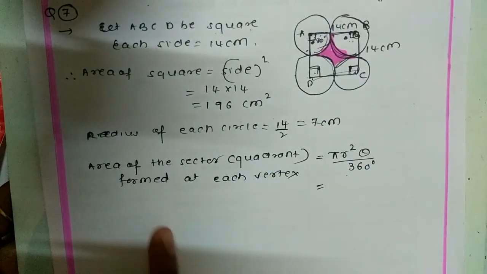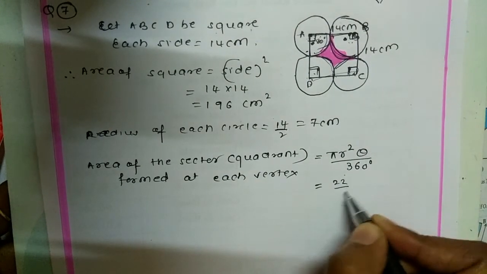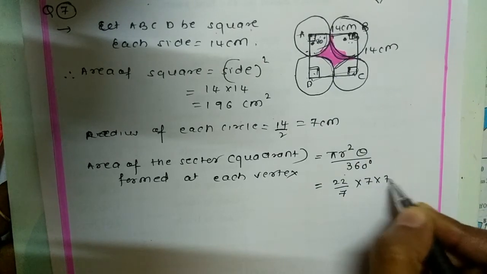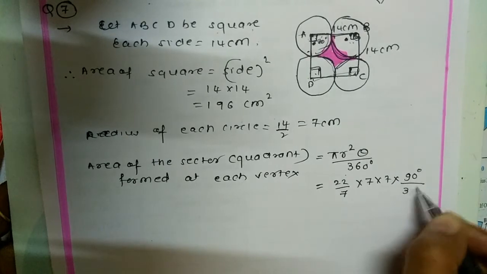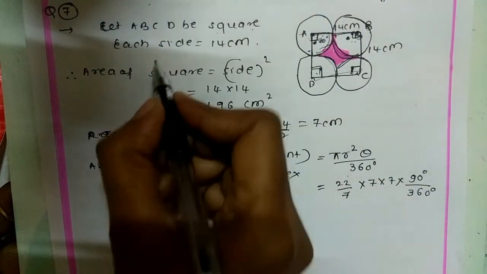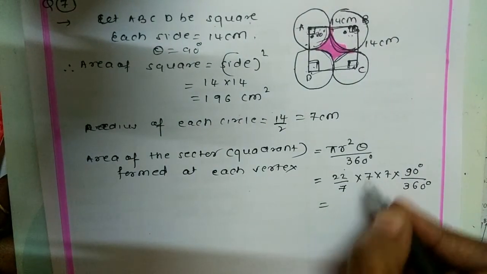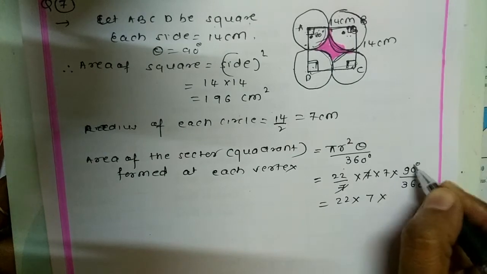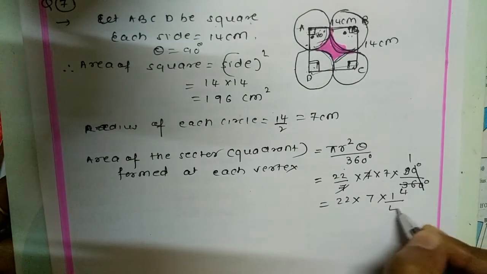But I would like to find out the area of the sector. So pi is 22/7 into r, r is 7, into 7, and theta is 90 upon 360. 7 ones are 7, 9 fours are 1 upon 4.